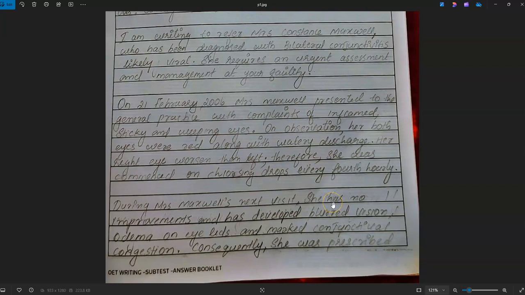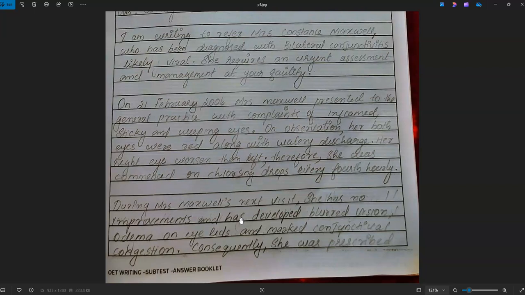We can't use has, because has is for today, that's present simple. So she had no improvements, or you could say her condition had worsened, using past perfect. We can't use present perfect here, because this is still in the past, as there are 3 visits on those case notes.